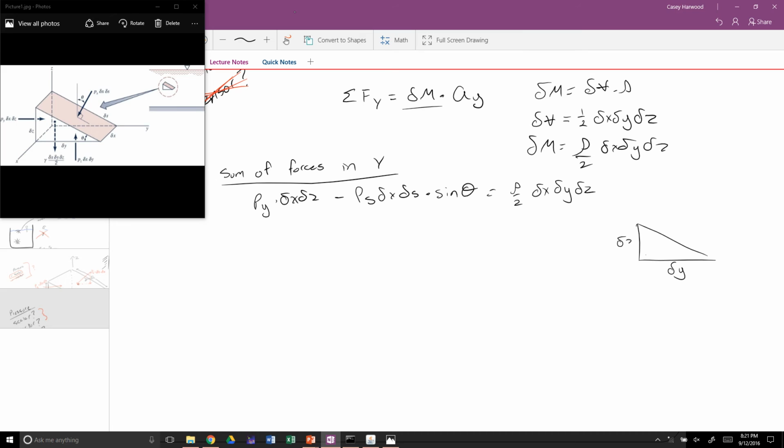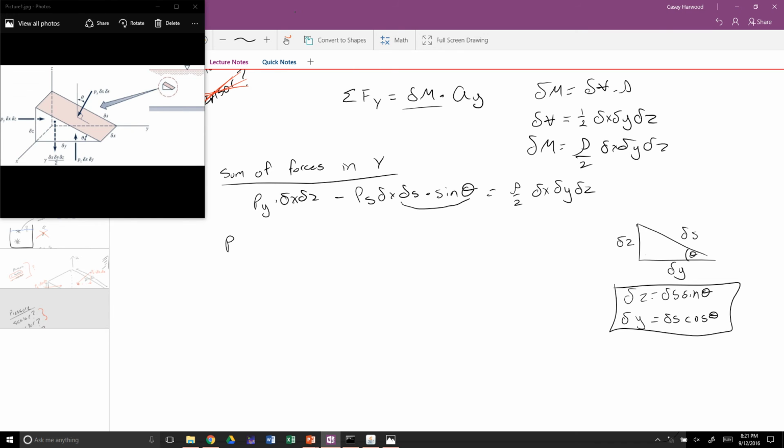Y, delta Z, delta S. You may notice that if you look at this drawing, then our innate sense of trigonometry tells us delta Z is equal to delta S sine theta, and delta Y is equal to delta S cosine theta. So let's go ahead and bring this identity over here.